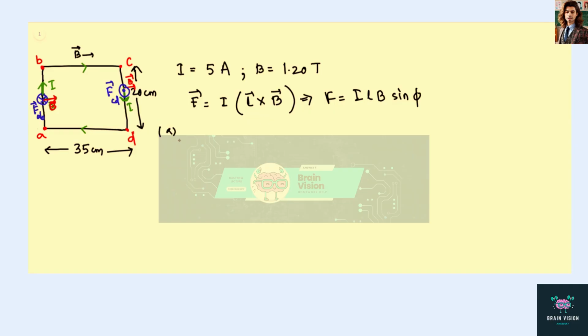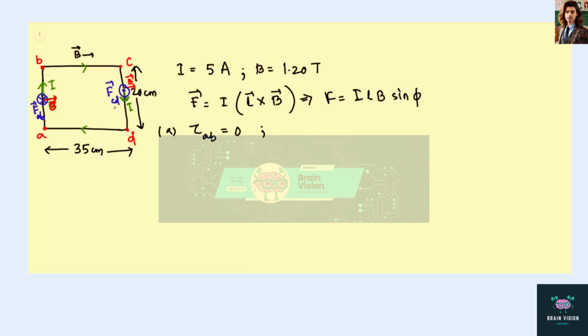Now for part B, we see that FAB acts at the hinge, and since we know that torque is given by the product of the force times the perpendicular distance between axis and the line of force, that distance is basically 0 here because it acts at the hinge itself.